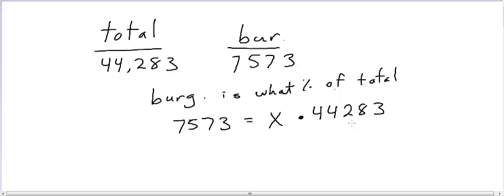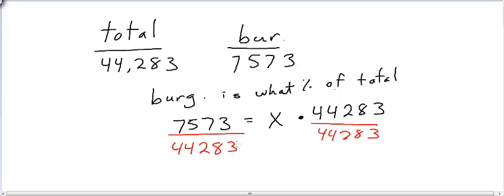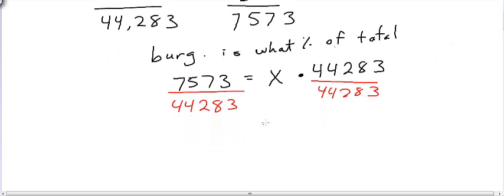From this equation that I set up, I need to solve for x, which means I'll divide each side by 44,283. Once I divide this and get the value that I need as a decimal, I'll need to change it into a percentage by multiplying by 100. So dividing this out, I get x is equivalent to 0.17101.